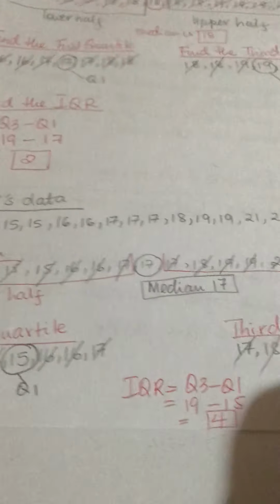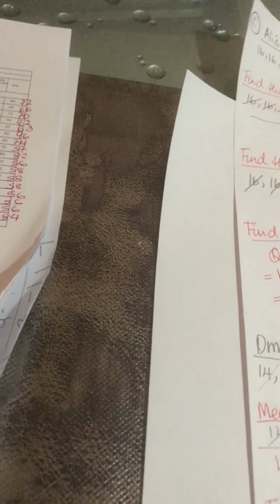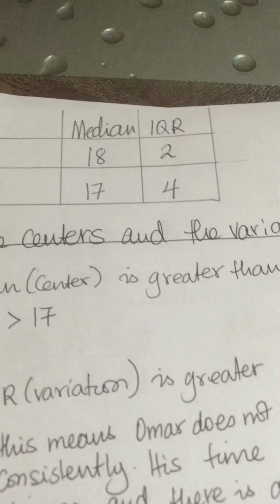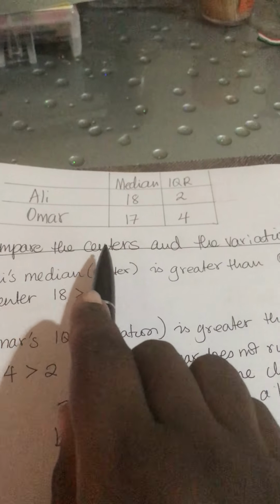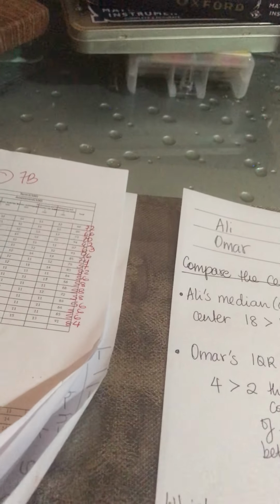And Omar's IQR is 4. I wrote it over here. Okay. What does the question want? As I read, I underline. The question wants me to compare. And it wants me to answer which runner is more likely to run a faster race. Okay. So I'm comparing the centers and the variations.